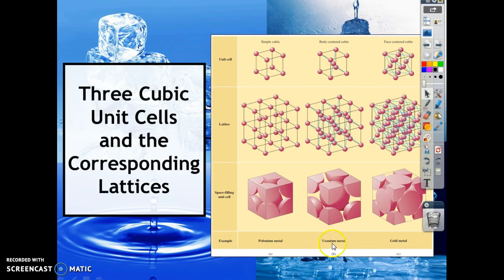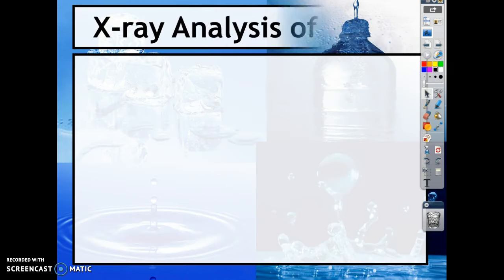That's a good example in uranium. How about gold? Really tightly packed. Looks like we have 4 halves and 8 quarters. Well, which of these would be stronger? Gold. Look how tightly packed it is. So that's how we're thinking about our lattices.